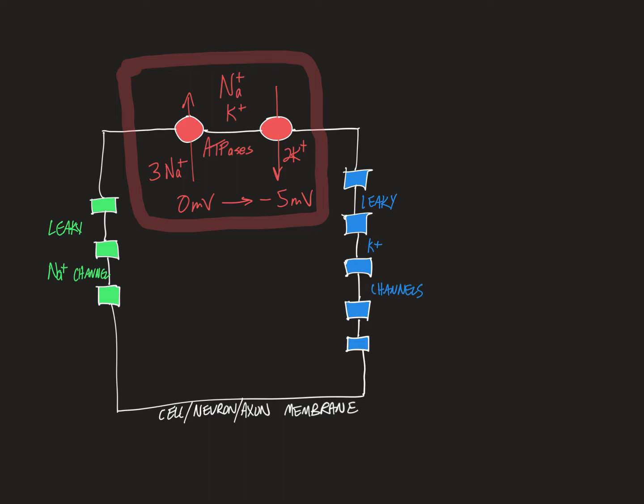So it's slightly negative on the inside because there's more positive on the outside. Okay, so this makes the inside of the cell slightly negative. That's what those sodium potassium ATPases do.